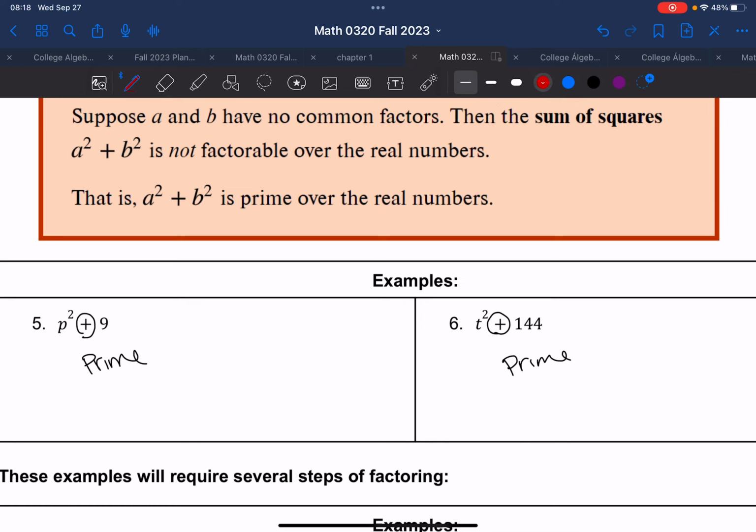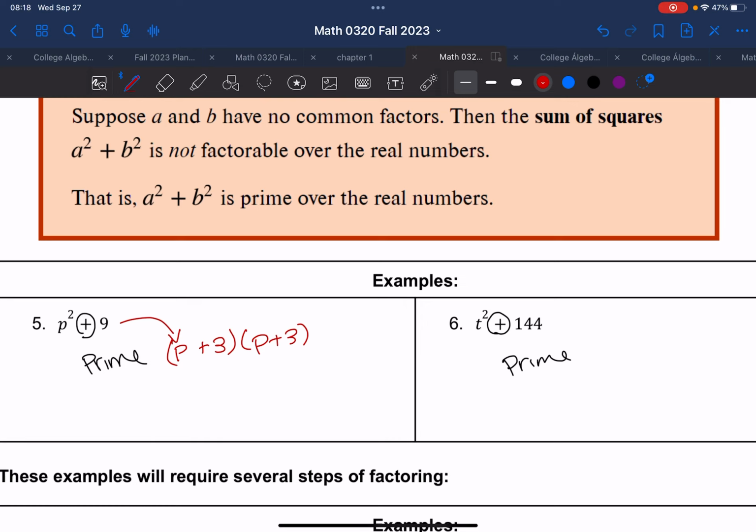And we could look further into that by trying to factor this. Let's say you try to factor this, and you know that the square root of p squared is p, and the square root of 9 is 3. Well, in order to get a positive 9, both of my factors have to have that plus sign in the middle. So p plus 3, p plus 3.